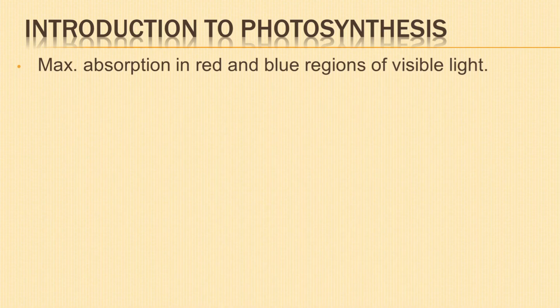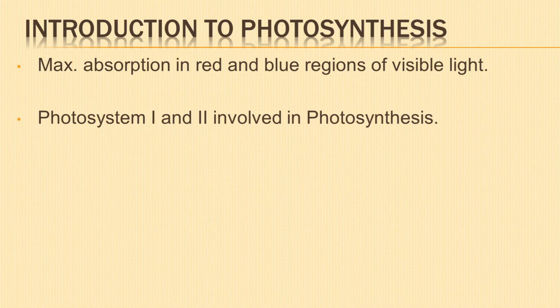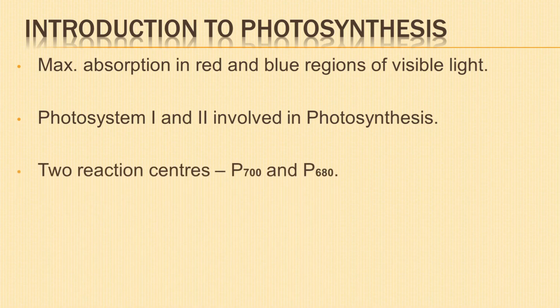Chlorophyll A and chlorophyll B show maximum absorption in red and blue regions of visible light. The pigments are organized into two light harvesting complexes, photosystem 1 and photosystem 2. There are two forms of chlorophyll A, P700 and P680, which form reaction centers of photosystem 1 and photosystem 2 respectively for the photochemical reaction.